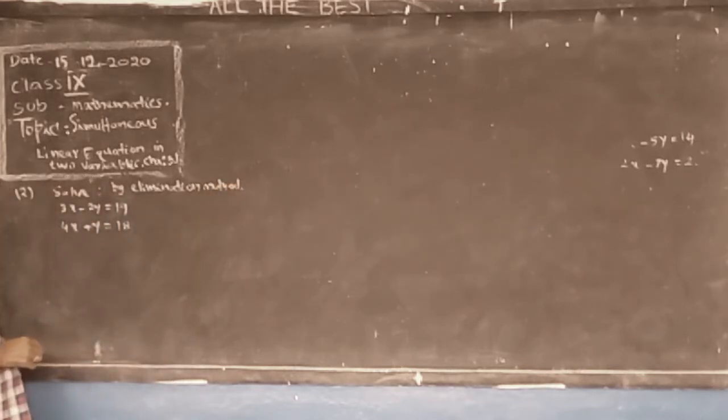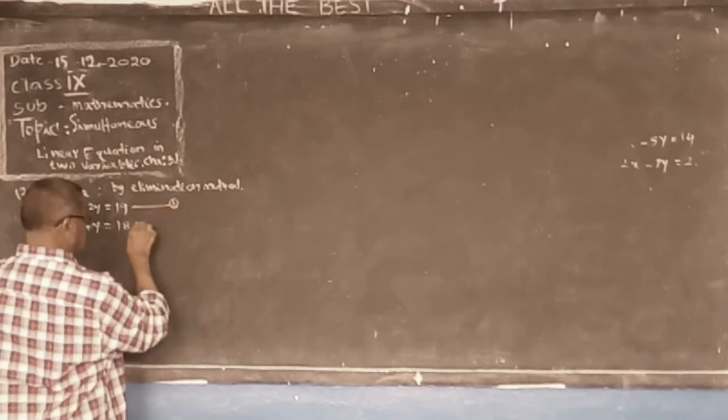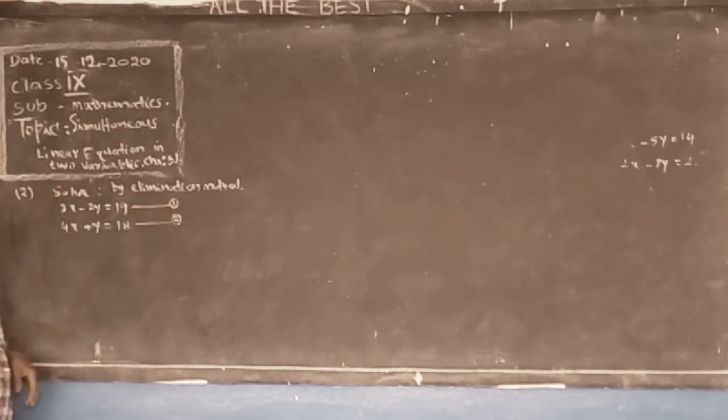Say this is the first equation and this is the second equation. Here in the first equation the x coefficient is 3. In the second equation the x coefficient is 4. To make equal terms, multiply the first equation by 4 and the second equation by 3. 3 4s are 12, 4 3s are 12, so the terms are made equal.